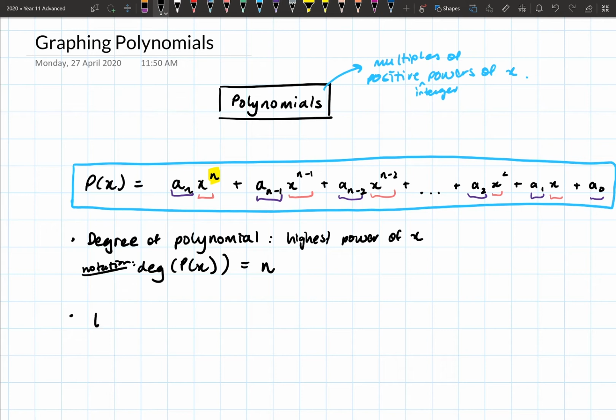The next thing is the leading term. The leading term is the term with the highest power of x.